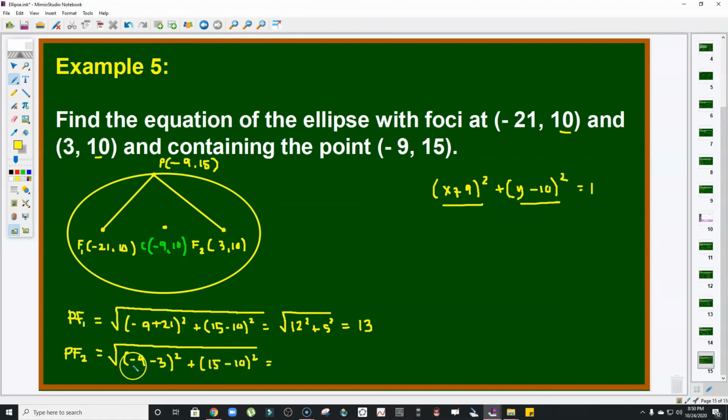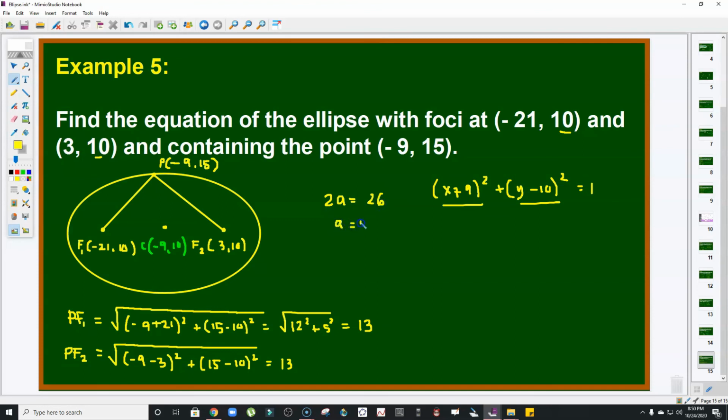Actually, pareho lang, di ba? So, negative 9 minus 3, that's negative 12 to be squared. So, that's 12 squared. Then, this one is 5 squared. So, I'm going to have the same, 13. Okay, so what does it tell us? So, meaning to say, yung 2a natin, which is the sum of these distances, is equal to 26.